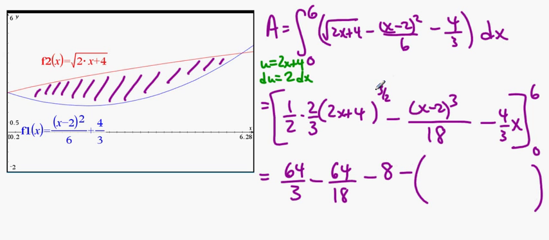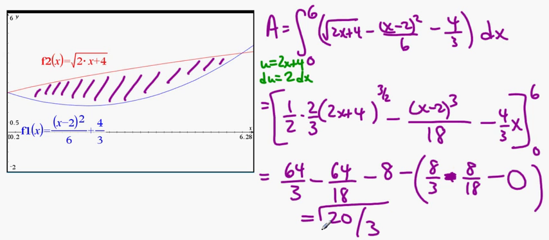That's 4 to the 3/2 times 1/3. That's negative 2 cubed over 18. Wait. Negative 2 cubed over 18 minus 0, and arithmetic tells me this is 20 over 3.